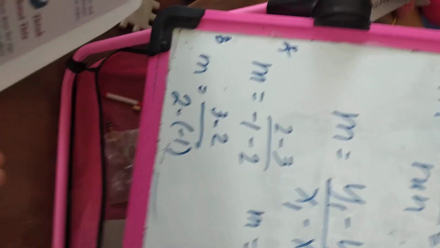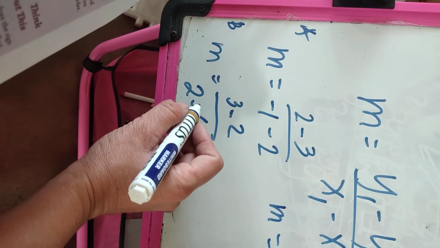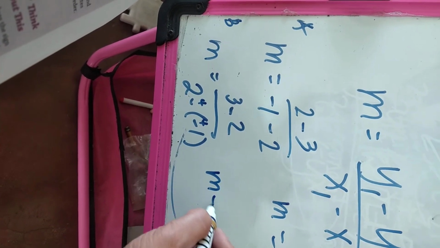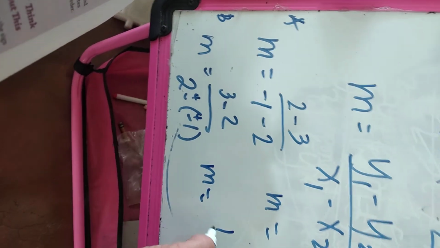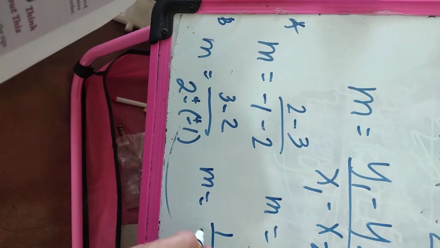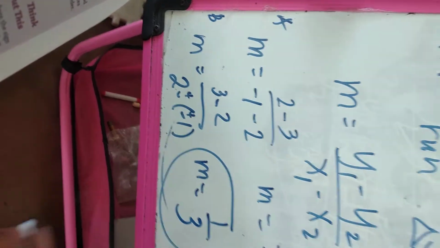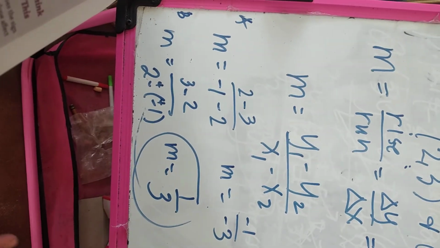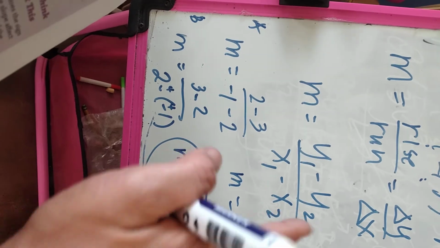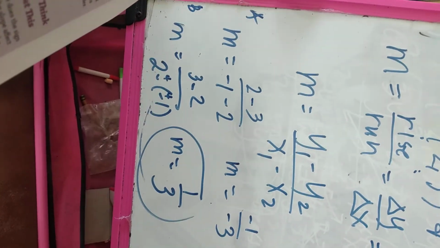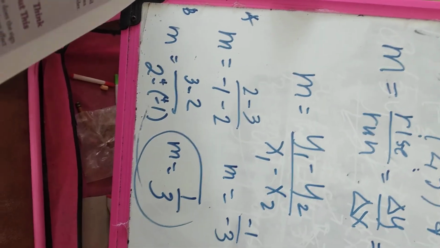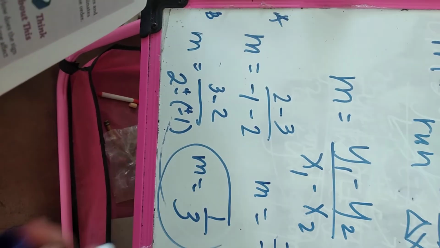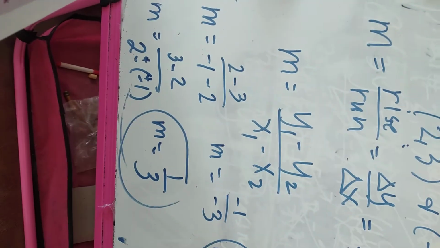There is a minus in between, so the sign changes and that becomes positive. So your slope now is 3 minus 2, which is 1, over 2 plus 1, which gives you 3. And it's positive. See? You will yield the same result. Same result, different methods. It's fine, really, as long as you remember to be consistent. If you do the sub 1 first in the numerator, you should do the sub 1 first also in the denominator. There you go.